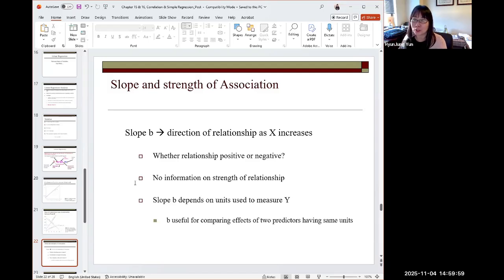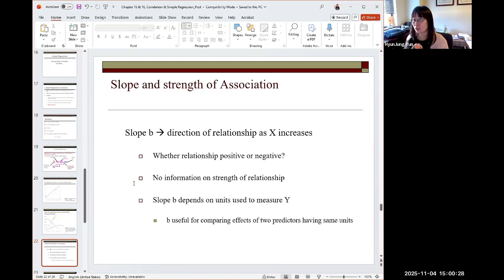So in order to test it, there's a way we can do it. We can force these slopes to be standardized slopes, and we can compare those. But we actually do not like to do that, especially when we do a multiple regression model. Let's think about age and income.